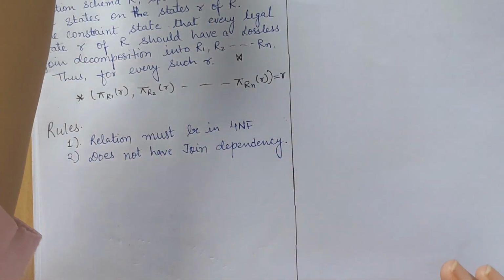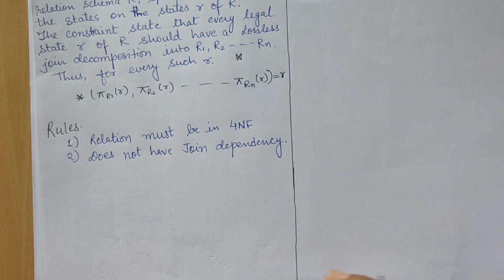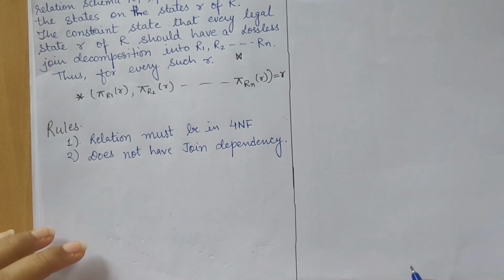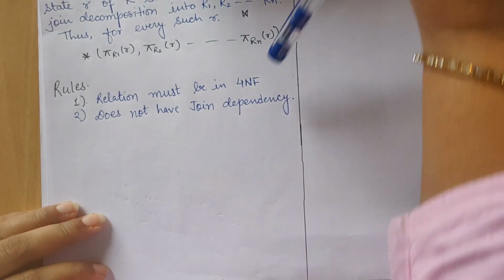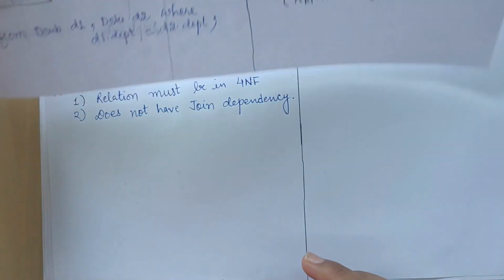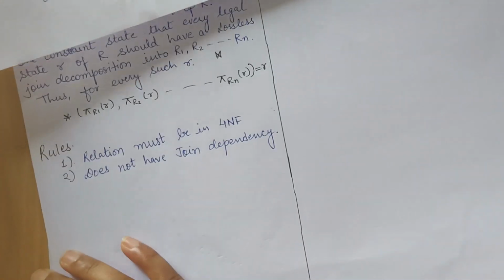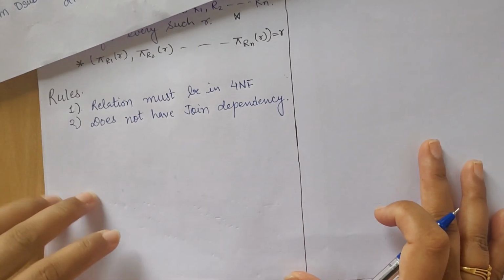So to avoid this, instead of dividing this table into only 2 tables, we have to divide this table into 3 tables. So our first table, as you can see here, is D subject, the second table is D student. Let me write both the tables here.